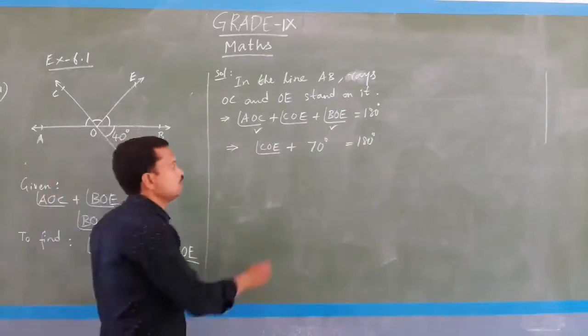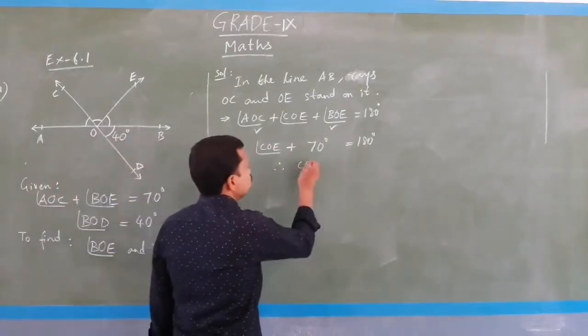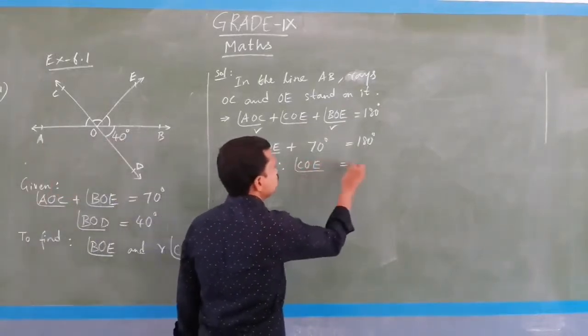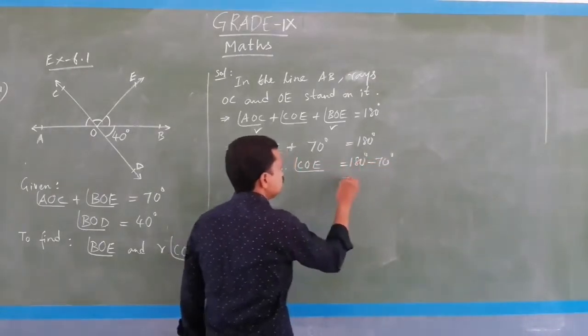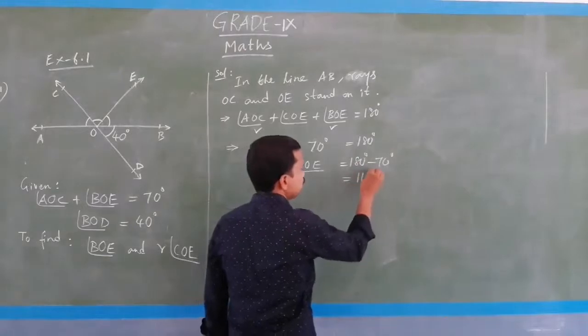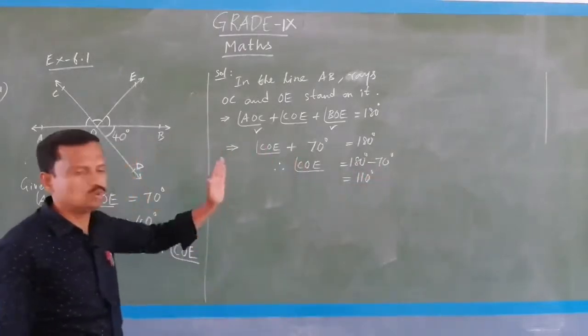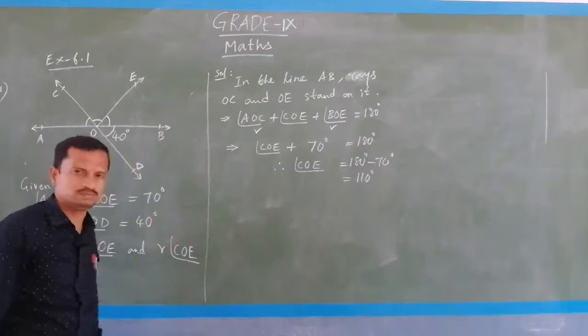Clear? And now COE angle is equal to 180 minus 70 degree, which is nothing but 110 degree. So, COE angle is 110 degree, we got it.